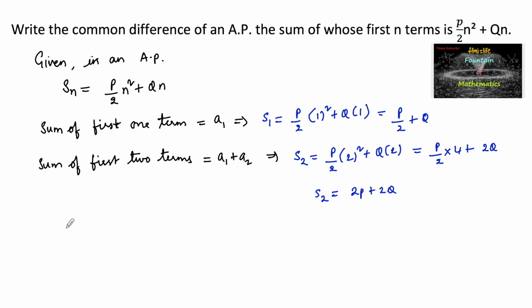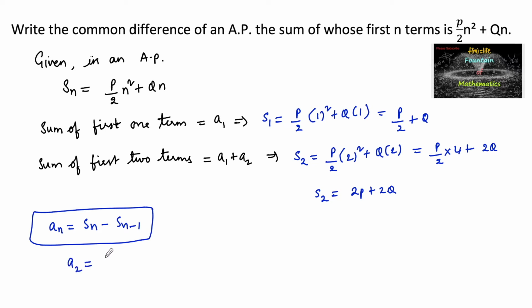And then we have an is equal to Sn minus Sn minus 1, which means the nth term can be obtained by using the sum. So we can find the second term, which is equal to S2 minus S1, that is S2 is 2p plus 2q minus S1, which is p by 2 plus q.